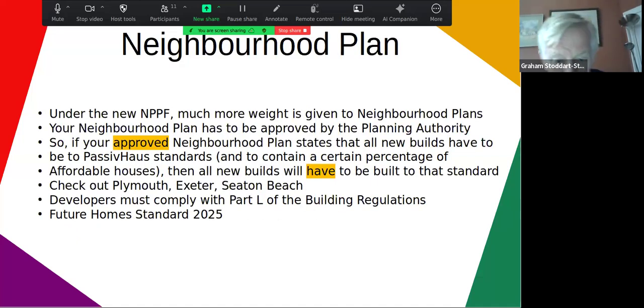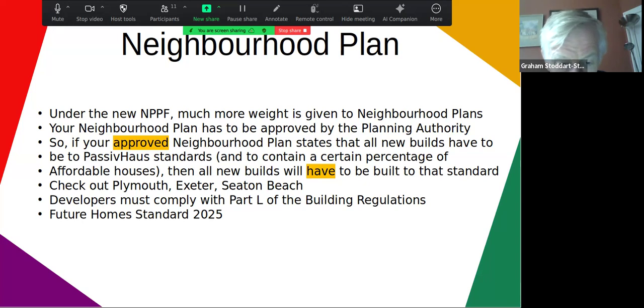So given those three types of housing, which are very good ways of reducing the amount of energy that your houses are using, then how do you make sure that you get that sort of house built? Well, fortunately, the new NPPF that came in at the start of this year gives much more weight to neighborhood plans.